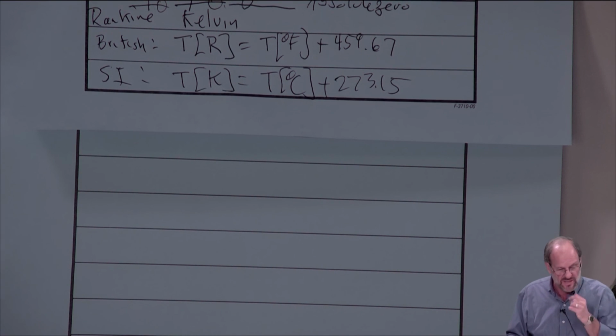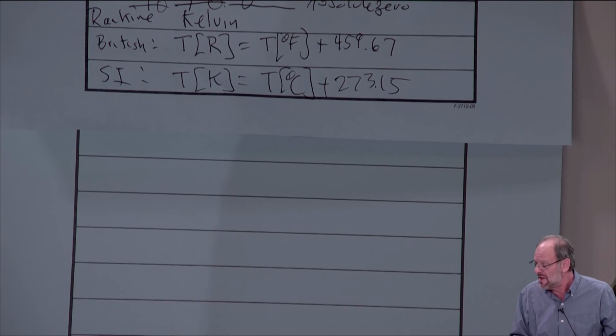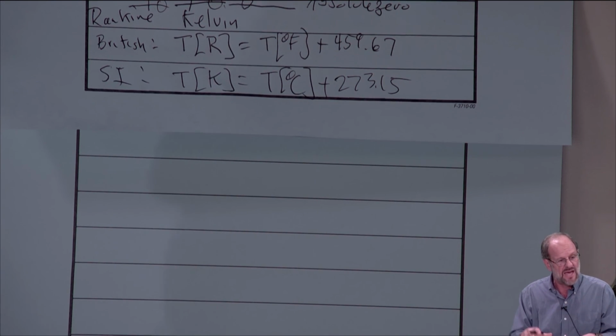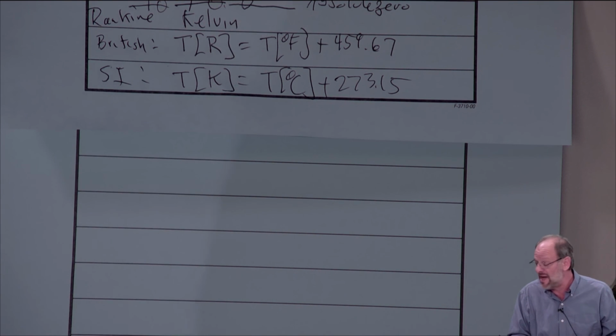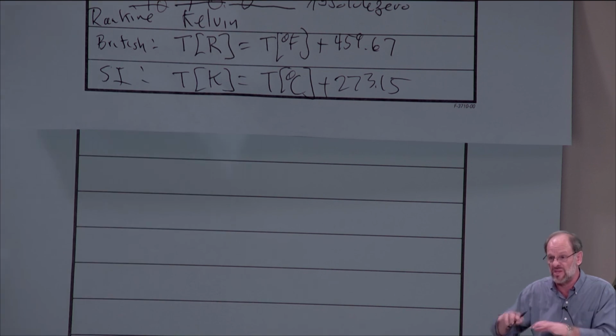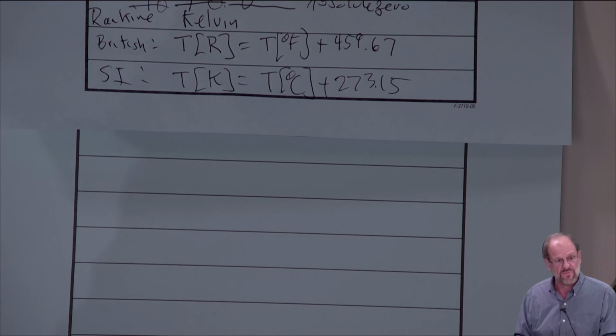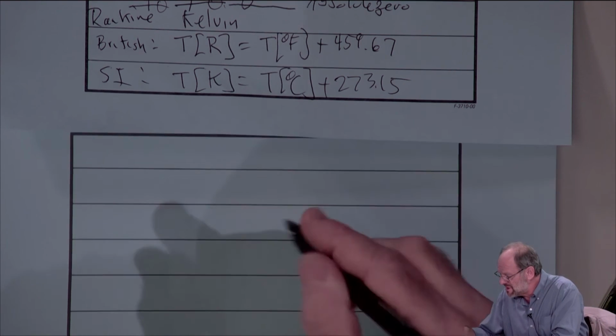One thing you may have noticed if you go into the last 100 pages of your book, when you have all those appendices of thermodynamic property data, more often than not, the data will be tabulated using the traditional scales, Fahrenheit and Celsius. But if you're going to have to use one of those temperatures in problem solving, like within an equation, then you're always going to want to convert it from Celsius or Fahrenheit into the appropriate absolute temperature scales. Okay. So just be aware of that.